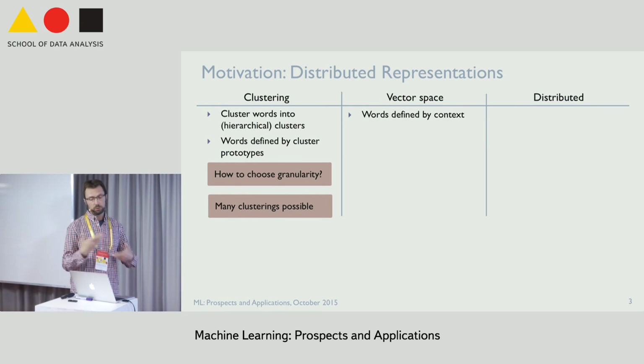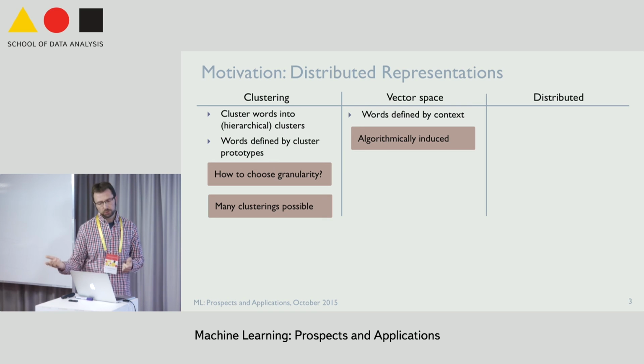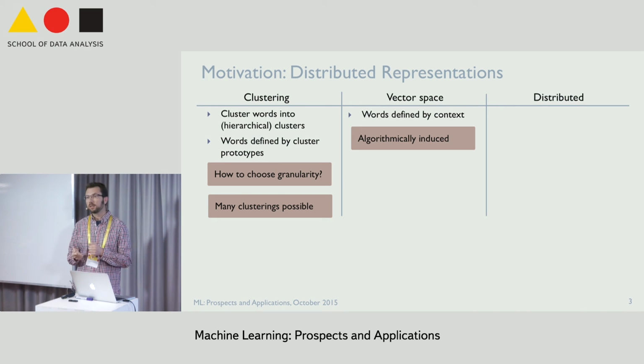Then you define some sort of distance metric in that space to understand how similar words are. The issue there is that these tend to use heuristics. What exactly you put in each one of the variables in your vector tends to be algorithmically, heuristically defined.